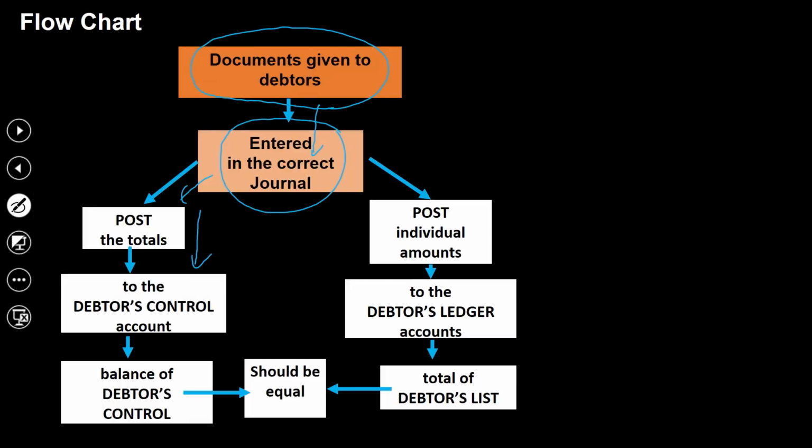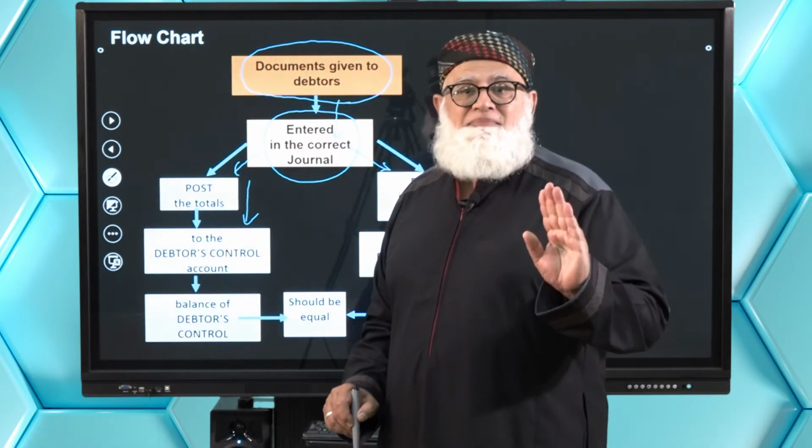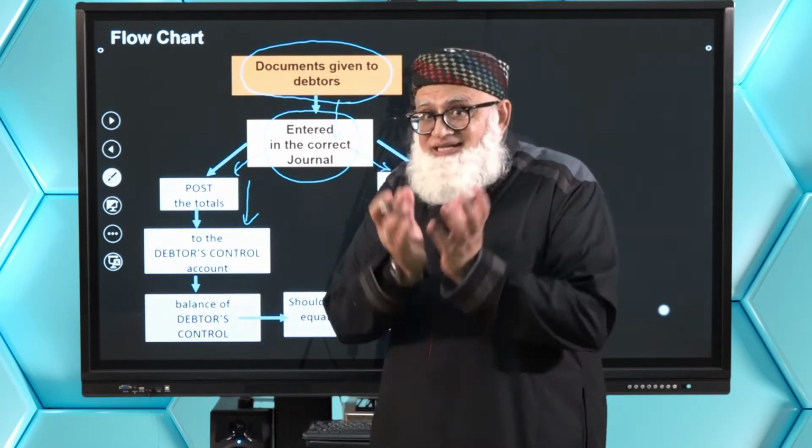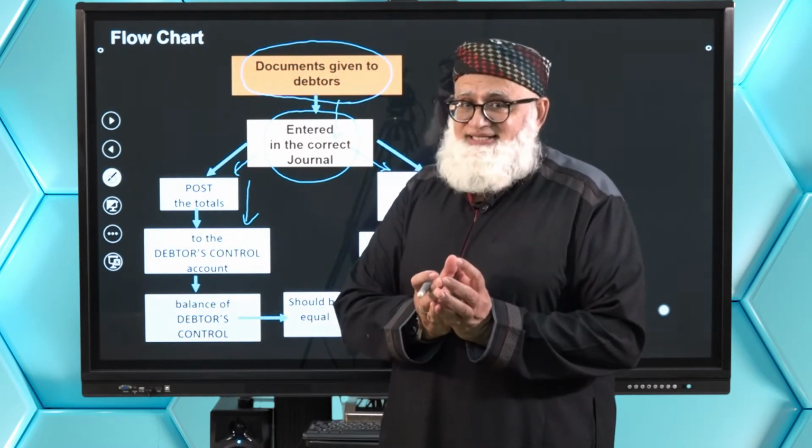Okay? Now, let's go back here. Coming to my individual debtors, what do I do here? Here you can see from the journal, you also post to your individual amounts, to your individual ledger accounts. Remember, this is one account recording all the transactions regarding our debtors.